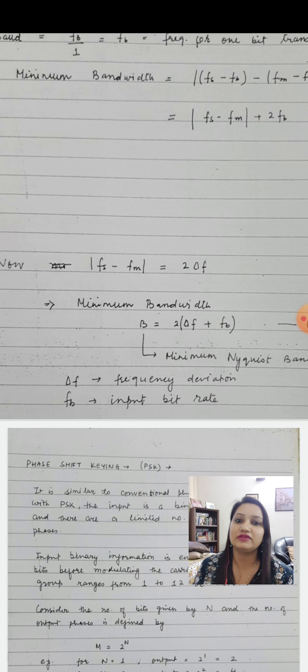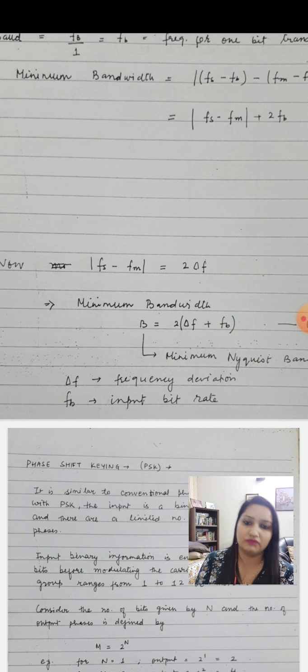In the ASK case, the amplitude of the carrier is changing, and you can see at the output that the amplitude is changing according to the modulating signal logic 0 or 1. In FSK, the frequency of the output wave is changing according to the 0 and 1 logic. And in the third case that we will discuss next, PSK, the phase is going to vary.